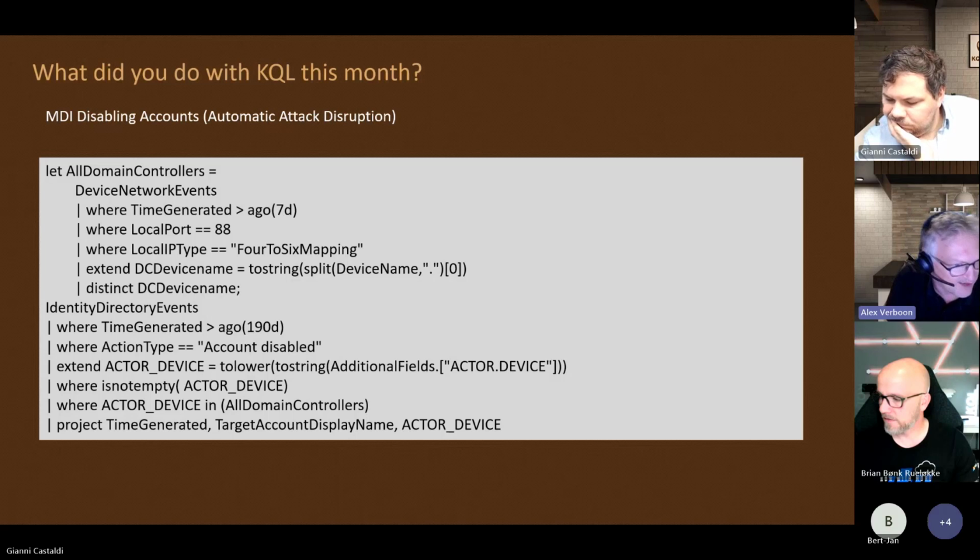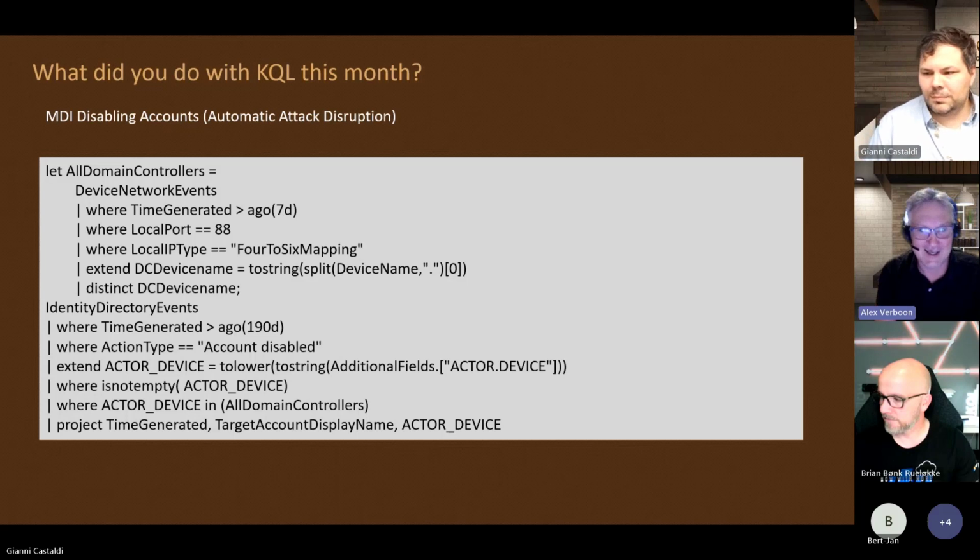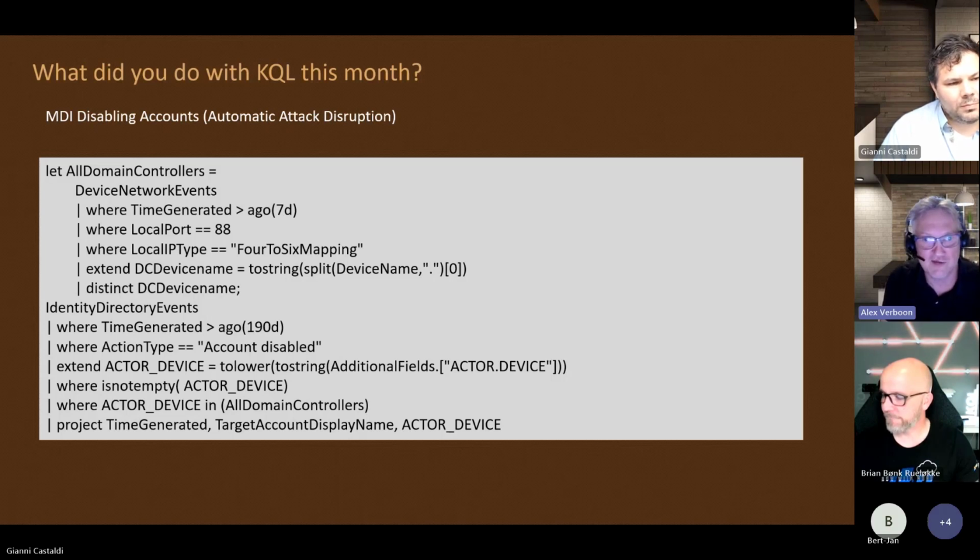If that actor device matches my domain controller, I believe, since I'm still in testing mode, that I can be pretty sure this was an automatic attack disruption activity. The idea is to then think of notifying the relevant people, like a help desk, that this account was disabled on purpose.